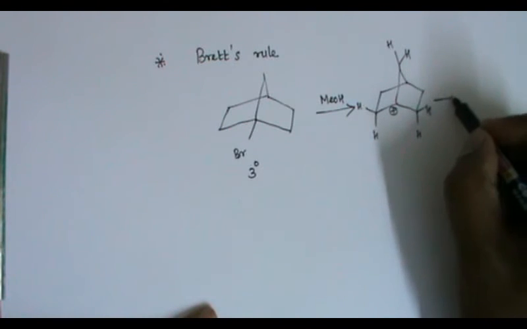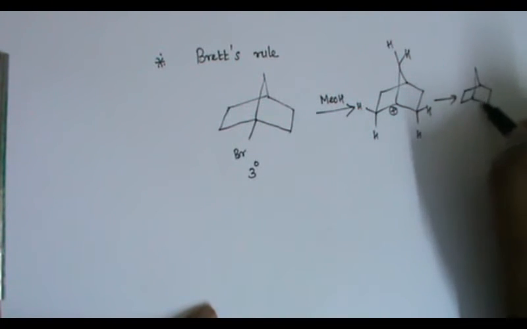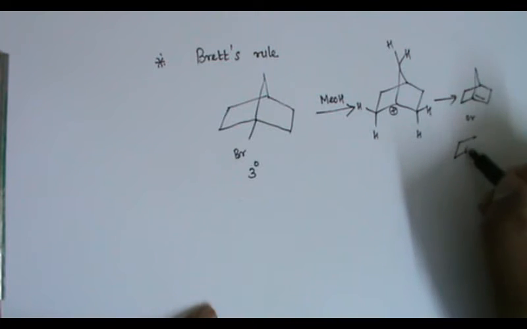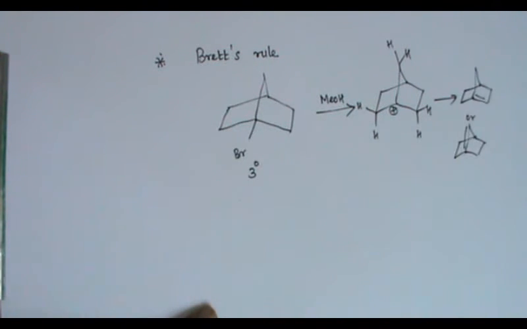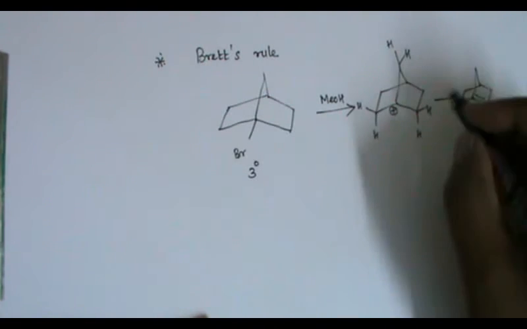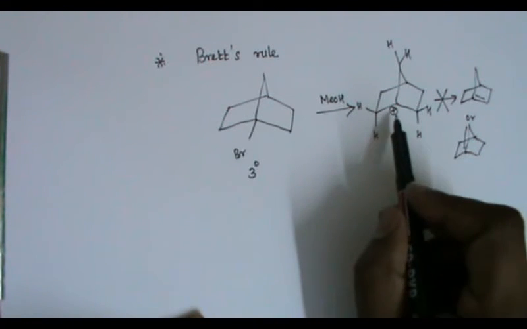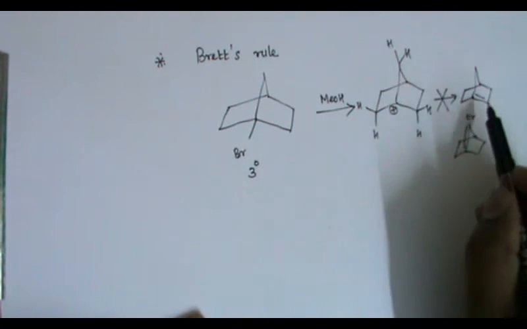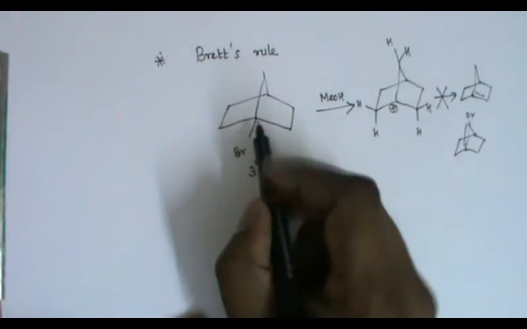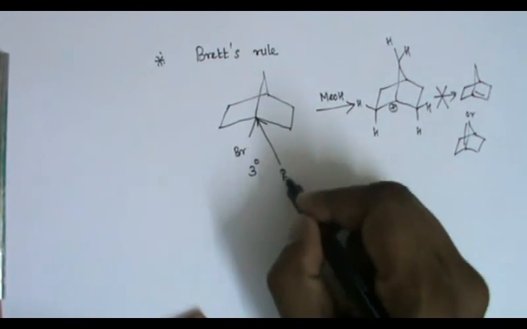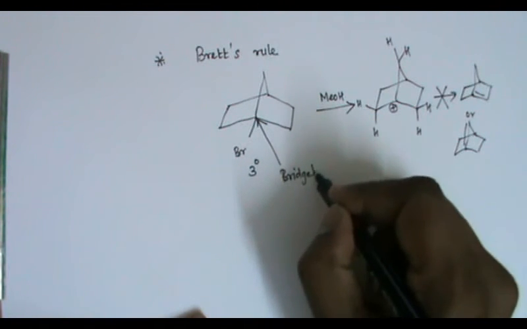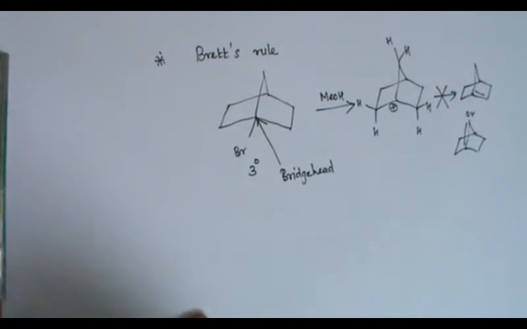One may expect to get a product something like this, or this, but this elimination will not take place. You cannot generate a carbocation or double bond at the bridgehead carbon. This particular carbon is known as bridgehead. You cannot generate a carbocation or double bond on the bridgehead carbon in a bicyclic system.